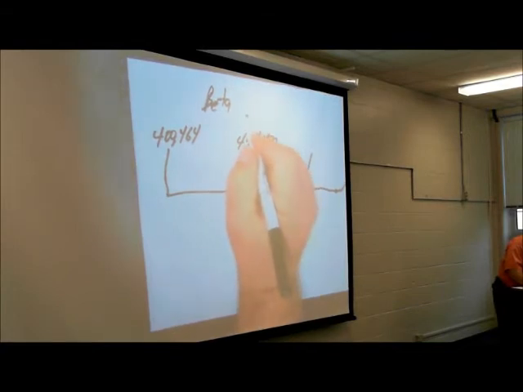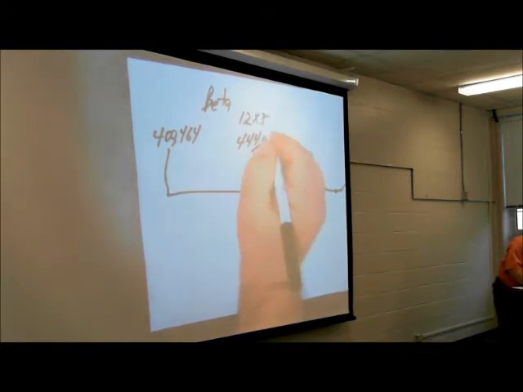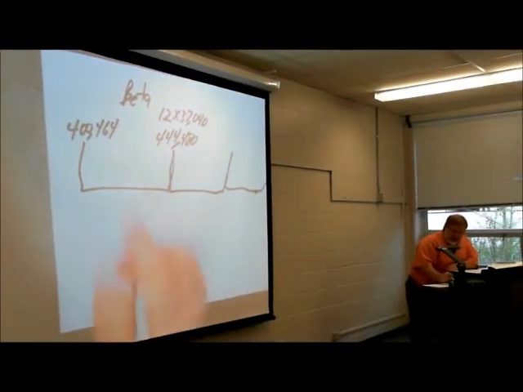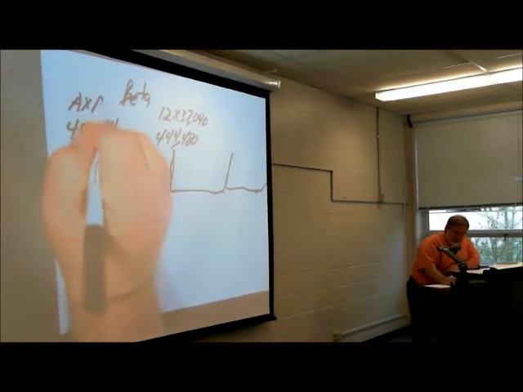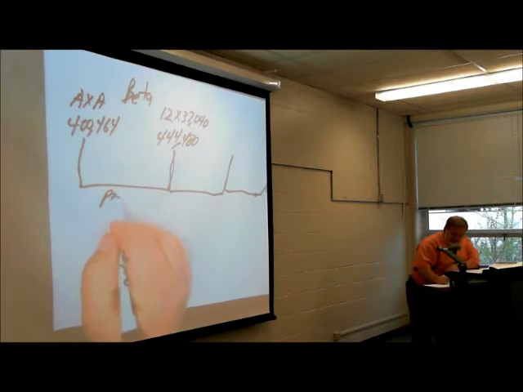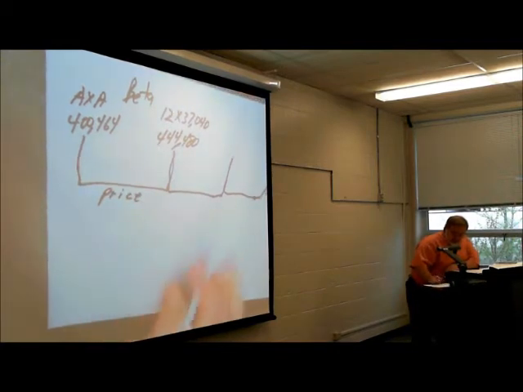Again, would be what? $12 times 37,040. Everybody okay with where we're getting at? Standard price of $12. Again, this is just actual times actual, and that's given. So our price variance for beta would be what?